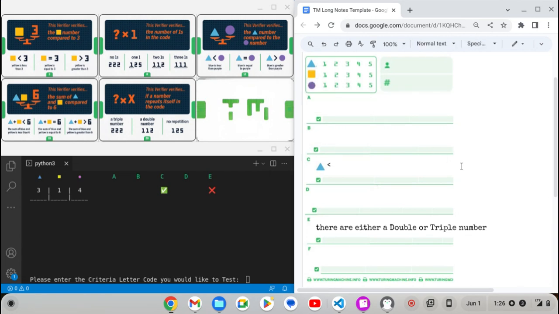And so what does that mean for any of our digits? Well, if triangle is to be less than circle, then obviously triangle cannot be the digit 5. 5 is just too large because that means that circle's out of bounds, so to speak. And vice versa, circle can't be 1. Because if circle's 1, what could triangle be?